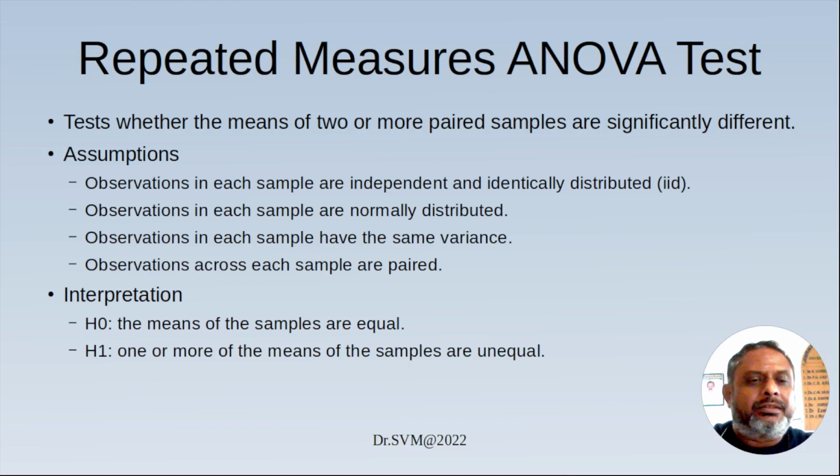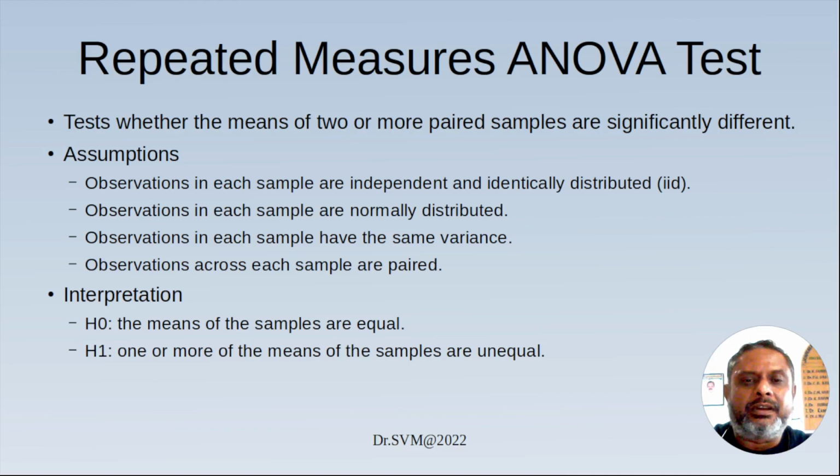So assumptions: yes, of course, IID is a must, otherwise no statistical work can be done. Then we are assuming that all the samples are normally distributed, also assuming that all the samples have the same variance, and observations across each sample are paired.